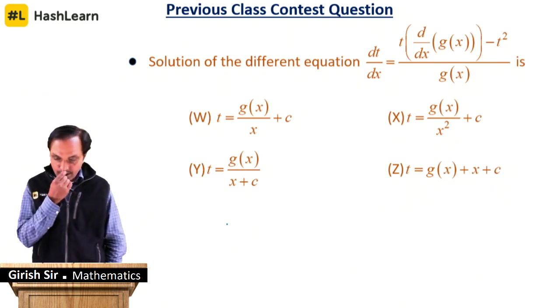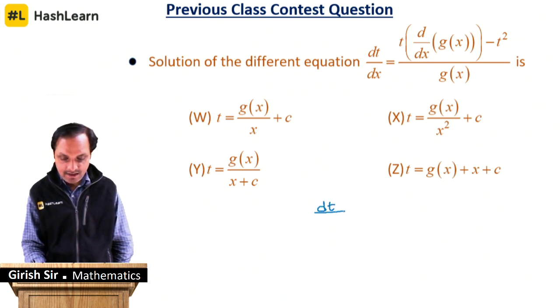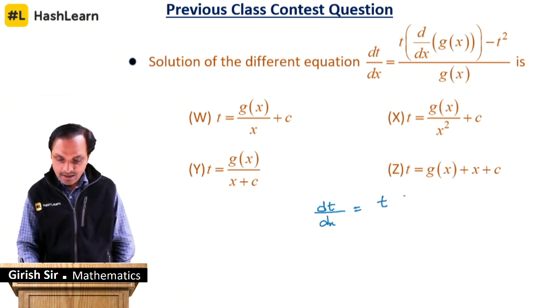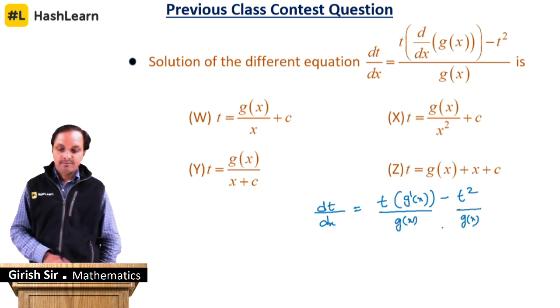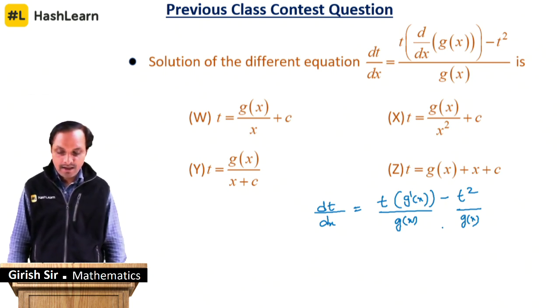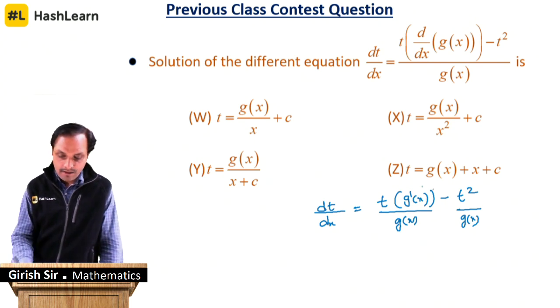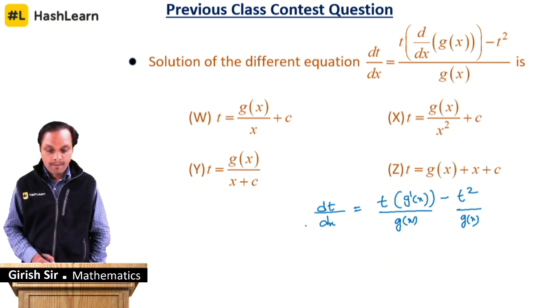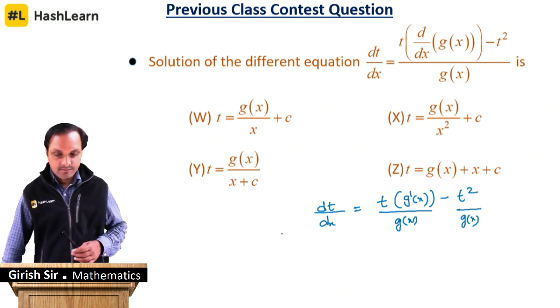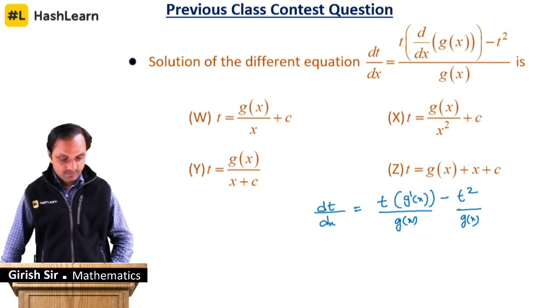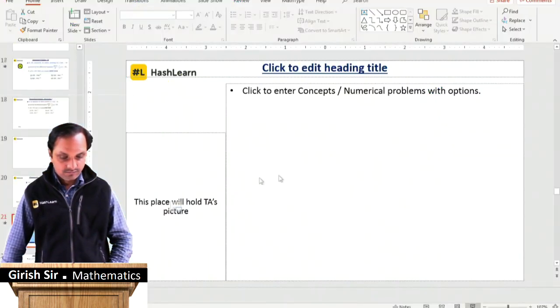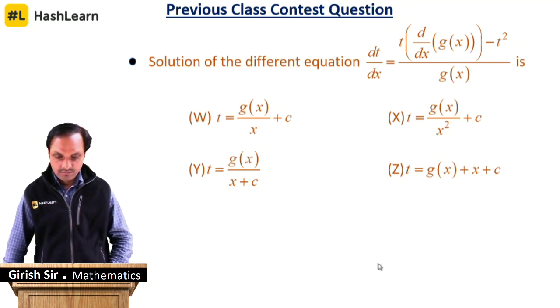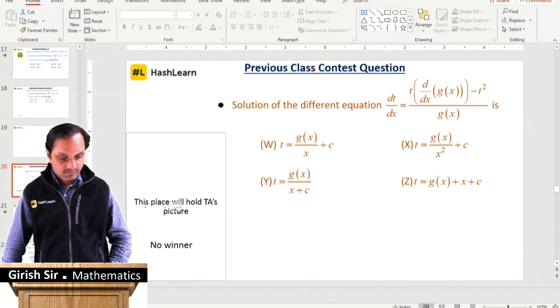No winner, no problem. You know that this problem can be rewritten as dt by dx is equal to t g dash of x minus t square by g of x, divided by g of x. So what to do here, shifting this here, so let me shift this.